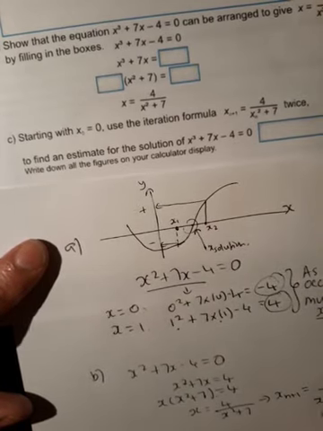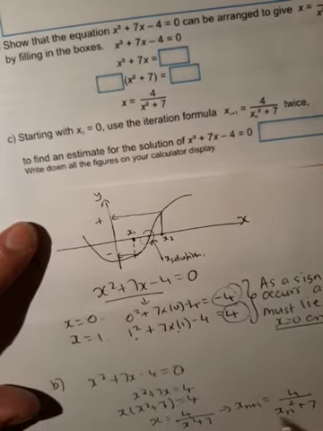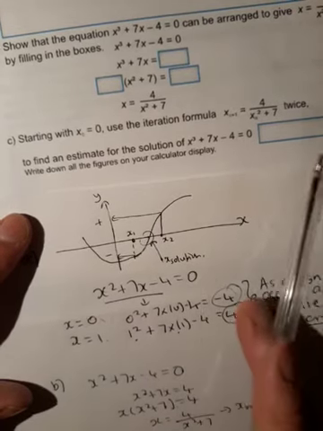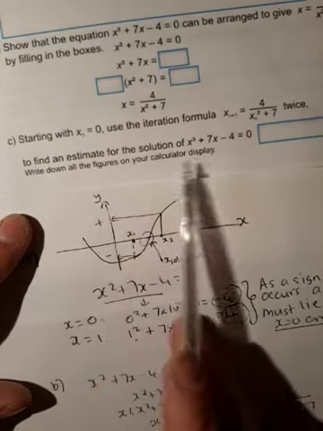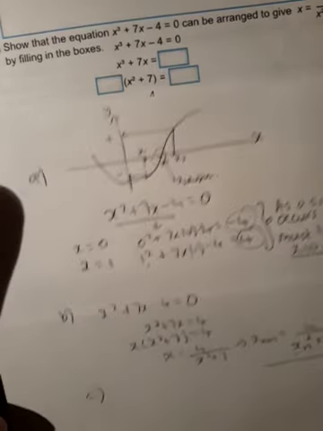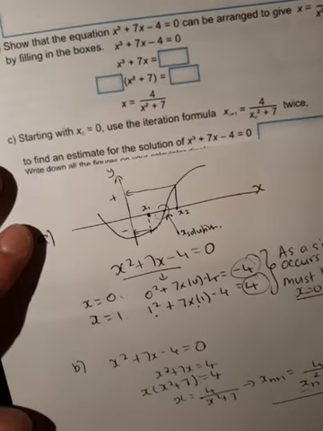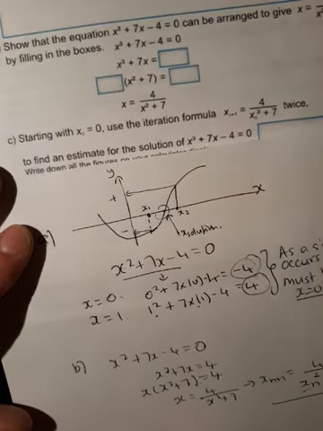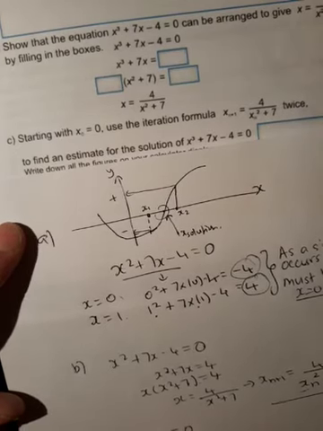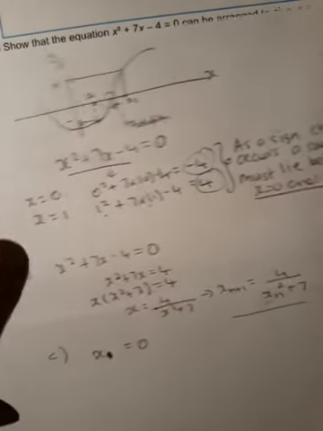Using this iterative formula twice to find the estimate for the solution, write down all the figures on the calculator display. So x1 is 0.